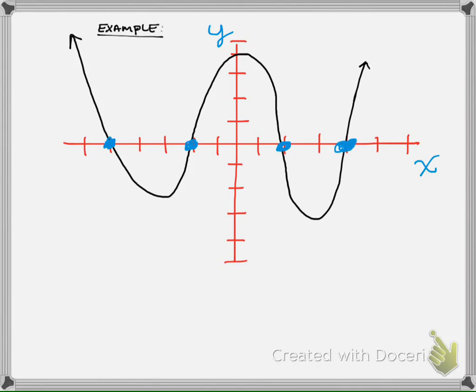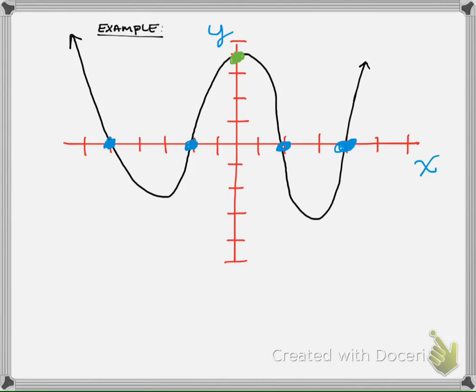And in green, we're going to label all the y-intercepts. In this case, the graph only touched the y-axis one time. So we're going to say that this is our only y-intercept.